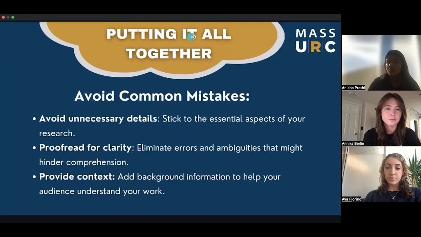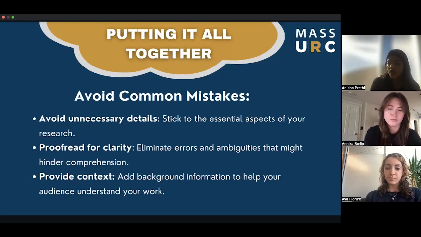Some common mistakes to avoid are, we ask that you try to avoid any unnecessary details. Try not to go too deep into the trenches when talking about your project, and try to stick to the essential aspects of your research, especially since you only have 250 words to summarize your project. So try not to use too much of it on unnecessary information that the reader is not really going to benefit from learning. Try to proofread for clarity.